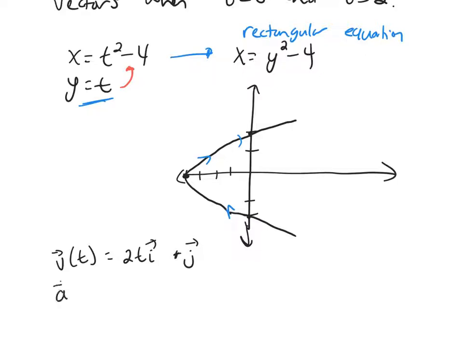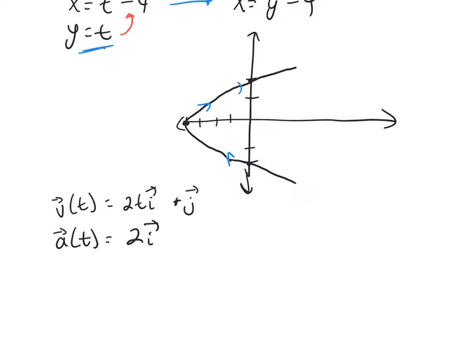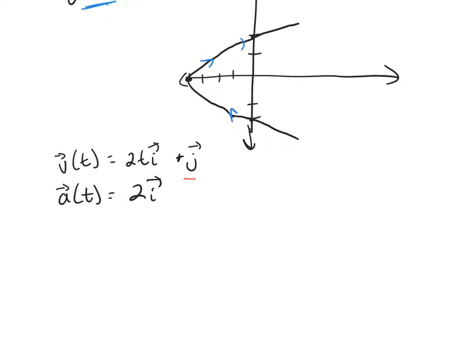And to get acceleration, we take one more derivative. It'll just be 2i. And then this j part is just constant, so the derivative would be 0. So now I'm going to plug in my two values of t. t equals 0. You get j for the velocity, and for the acceleration, you get 2i.